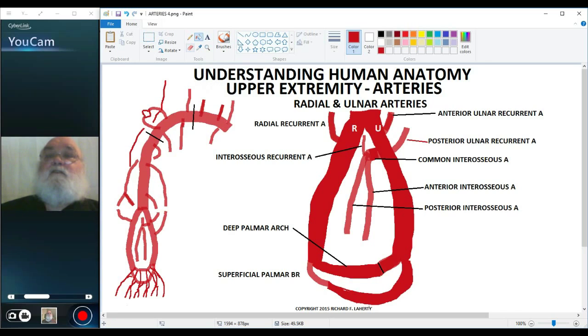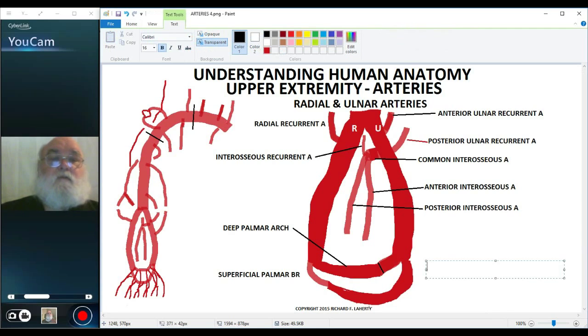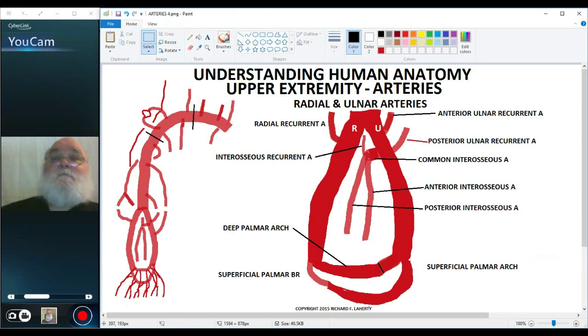And this is the superficial palmar arch.